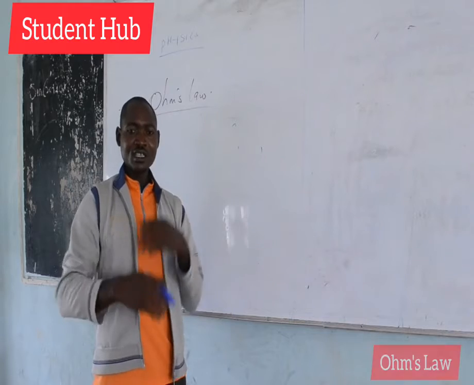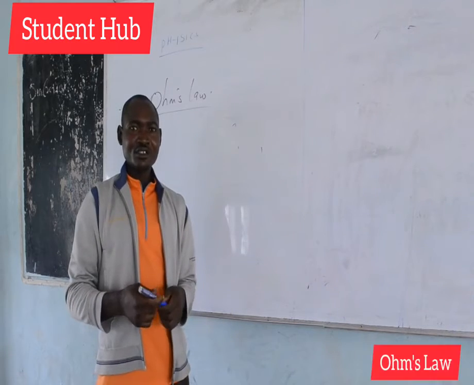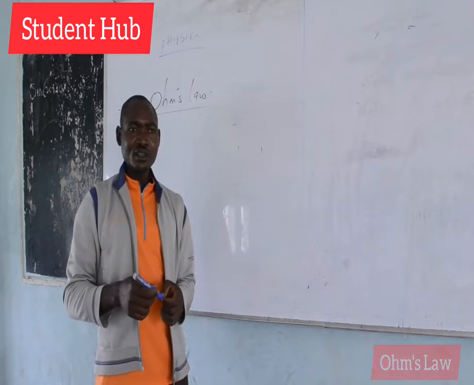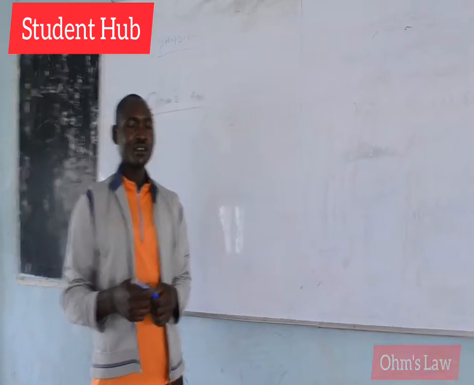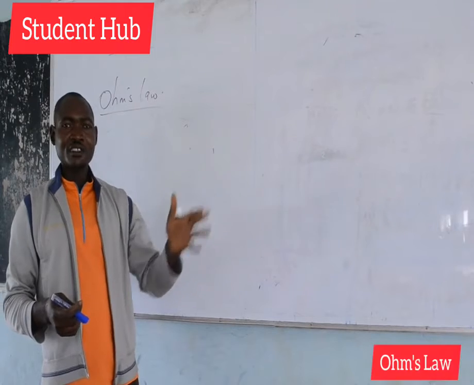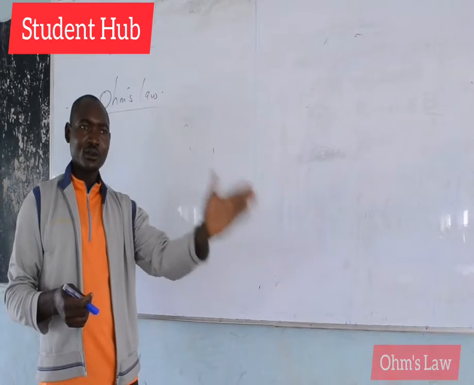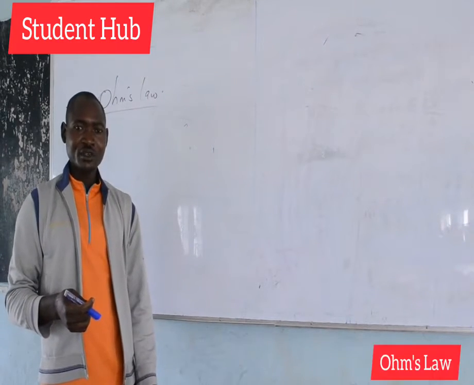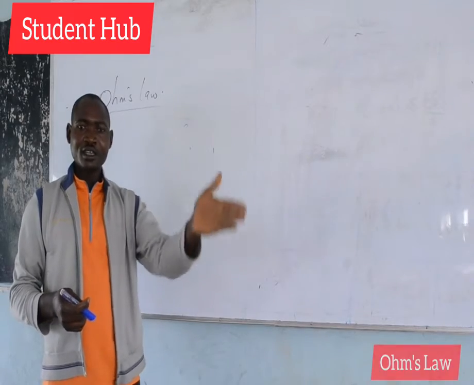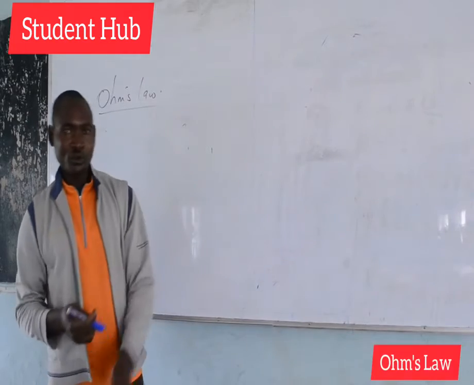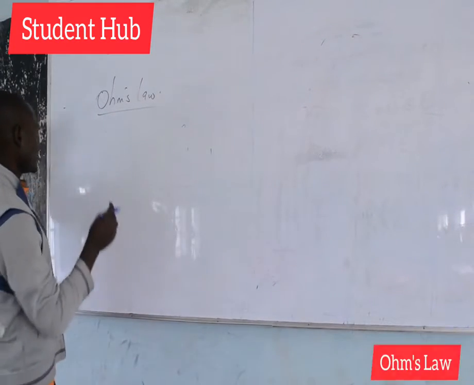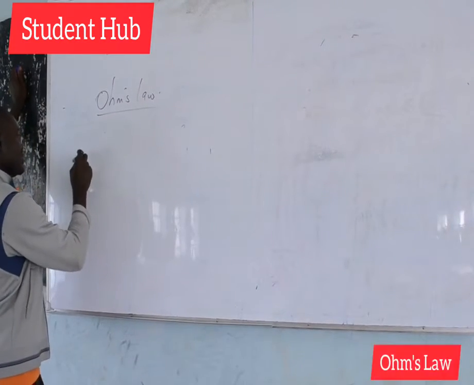So you can turn it over, but the most important thing you need to fish out in this definition is other physical conditions such as temperature. The current and voltage is what? Directly proportional.